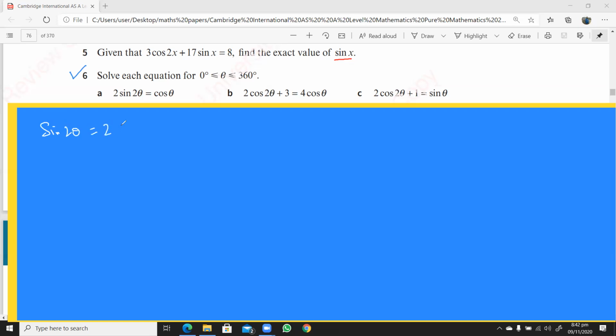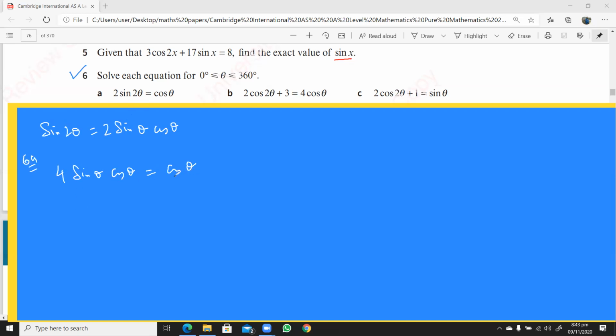Sine 2 theta is 2 sine theta cos theta. And that is how your question will start. You will write in the beginning, you will change this with 2 sine theta cos theta. So this will become 4 sine theta cos theta. That is equal to cos theta. That is the sixth part A.